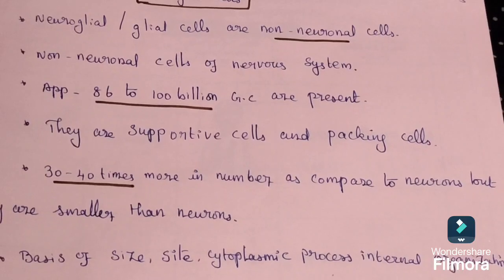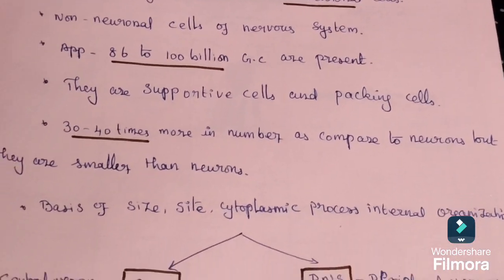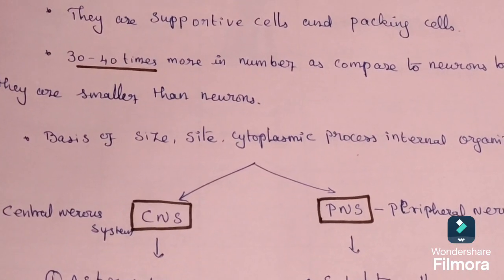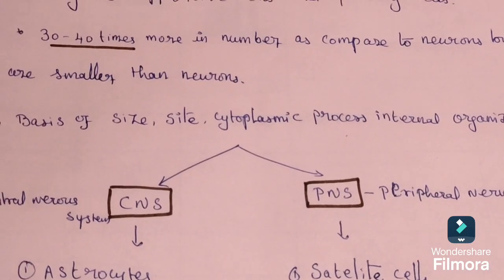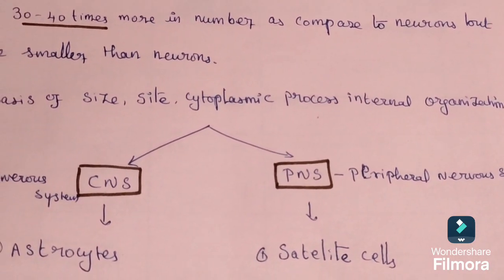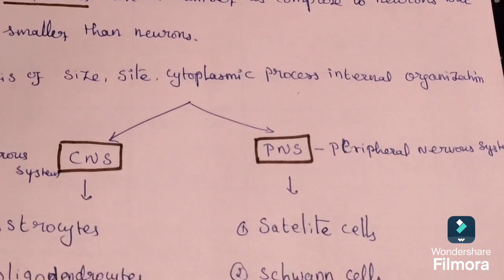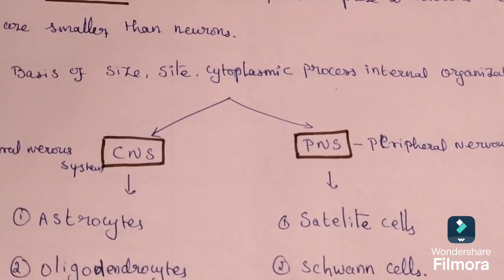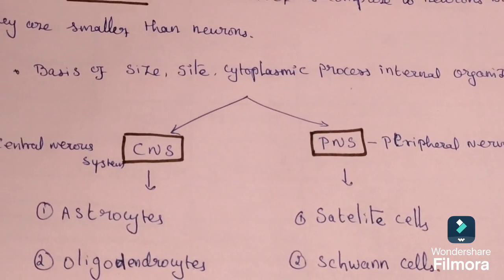Here, based on size, cytoplasmic process, and internal organization, neuroglial cells are of two types.